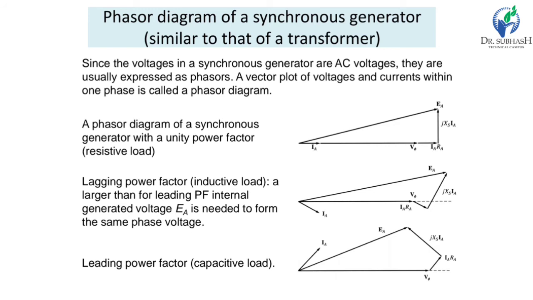In a real synchronous machine, the synchronous reactance is normally much larger than the winding resistance RA. So RA is often neglected in the qualitative study of the voltage variation. For accurate numerical results, RA must be considered.